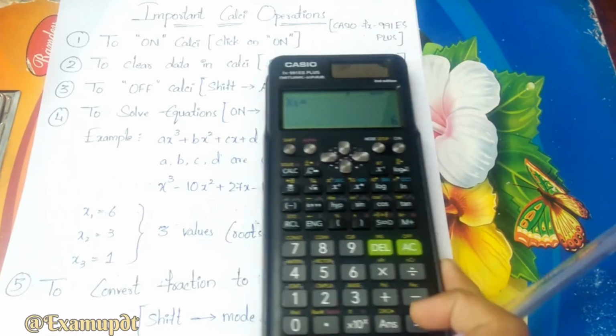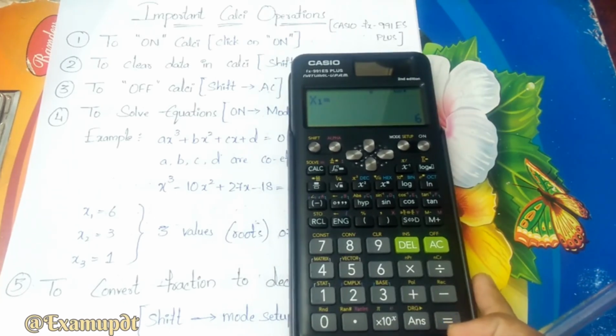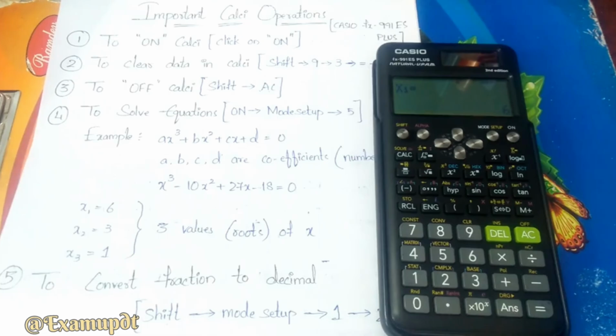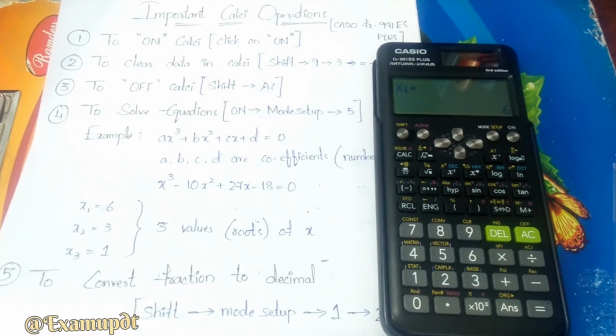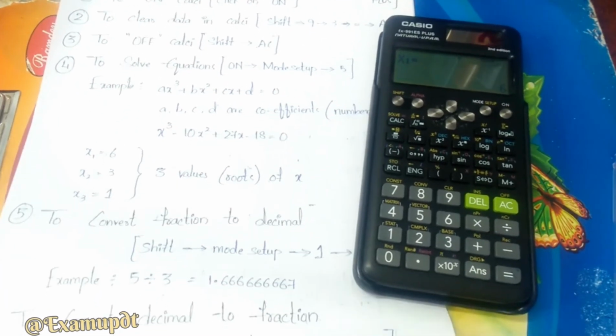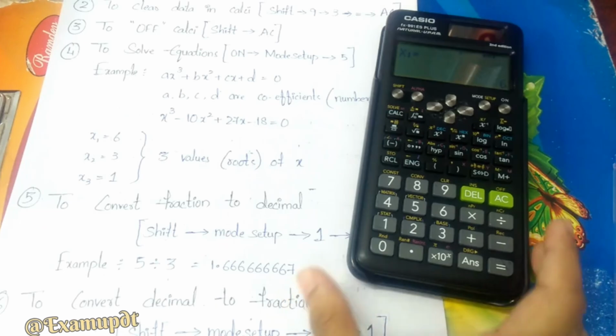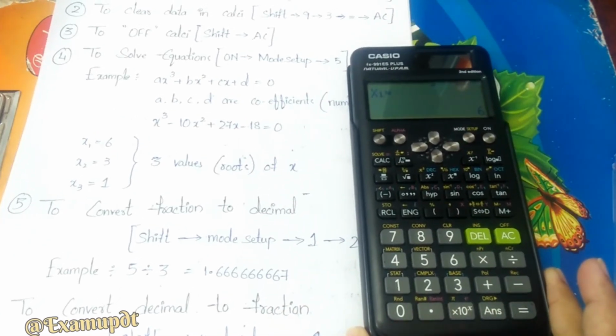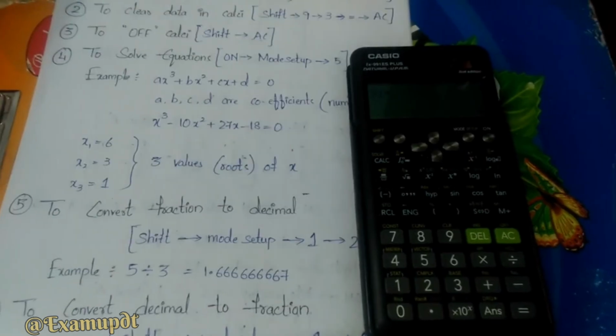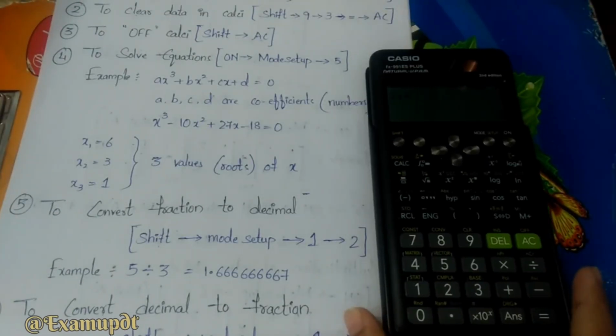Now the next is to convert fraction to decimal, and to convert decimal to fraction. First we shall see how to convert fraction to decimal. For that we have to click on shift, mode setup and 1, then after 2.